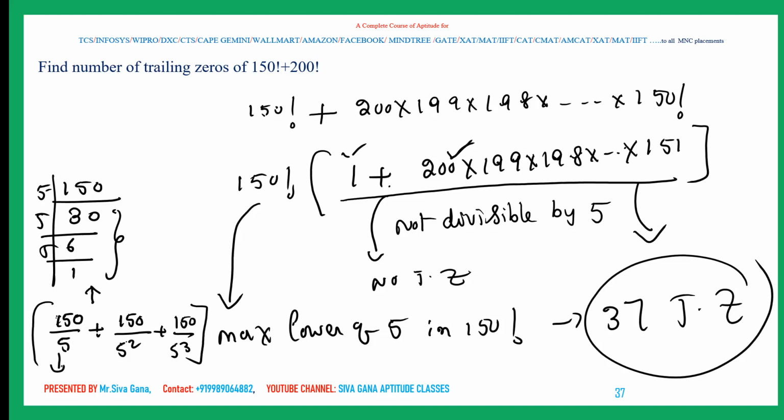This results in 30 plus 150 by 25, which is 6, plus 150 by 125, which is 1 point something. Take only the integral part. Once the result is 1 point something, the process stops. So the number of trailing zeros is 37.